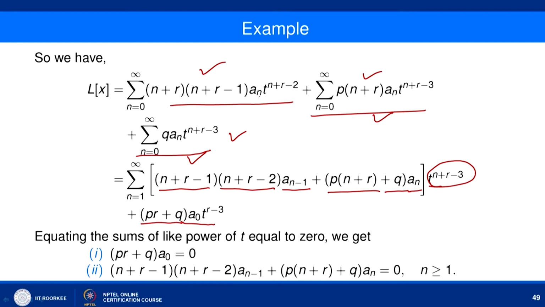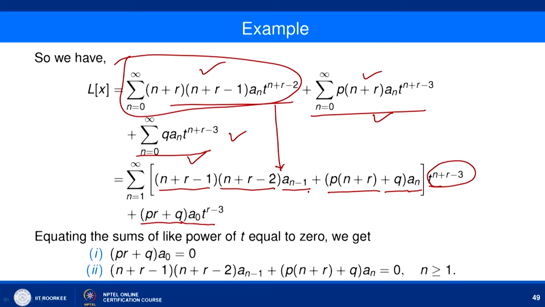Then you get, for n equal to 1 to infinity, n plus r minus 1 into n plus r minus 2 a n minus 1. So from this you are getting this term.